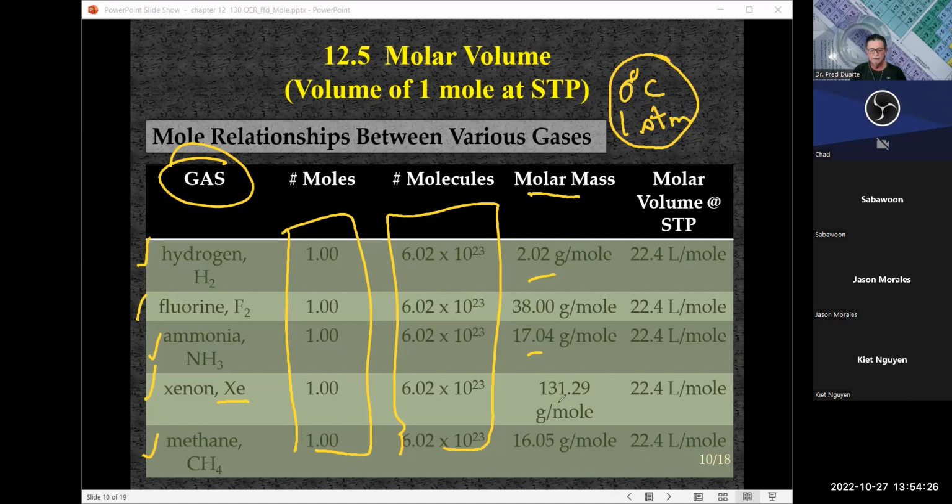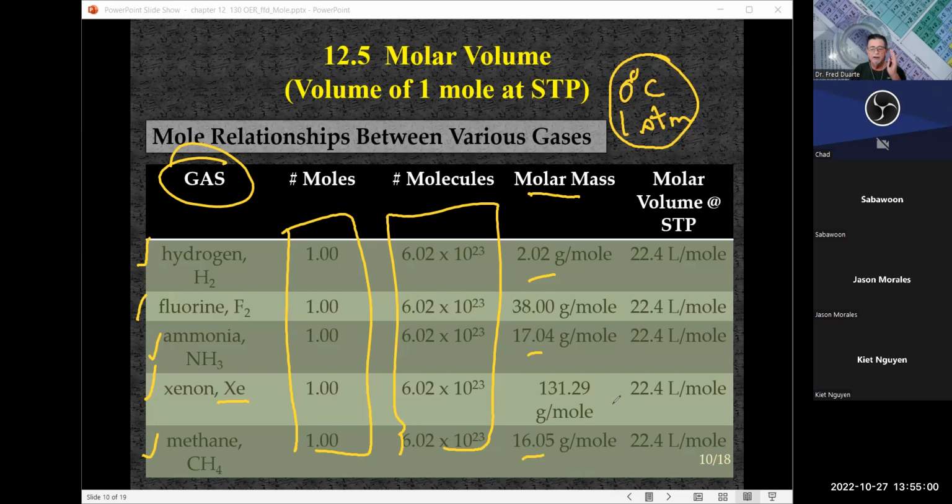Xenon gas has a molar mass of 131.29 grams per mole. And finally, methane here, carbon plus four hydrogens, we end up with 16.05 grams per mole. So all of these molecules or compounds have different molar masses, obviously different weights, right? But they all have in common 1 mole, and they all have the same number of molecules.